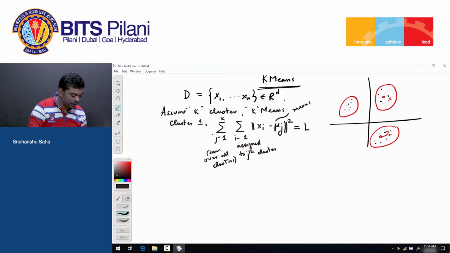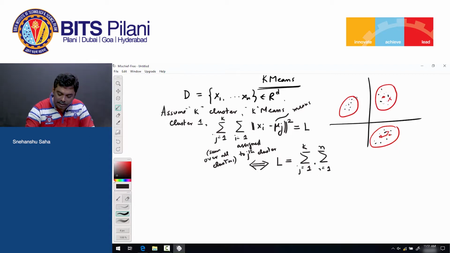That's exactly what we want. In other words, I can rewrite this by bringing in a characteristic function, with j summing over all clusters and i summing over all data points. So the goal is to minimize.